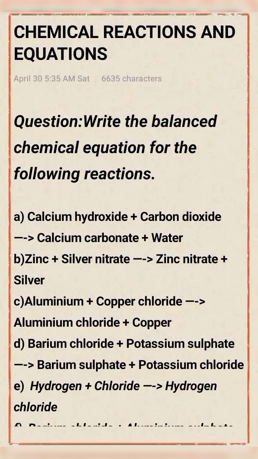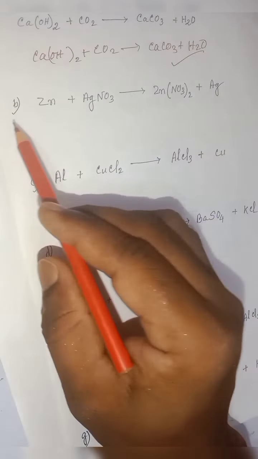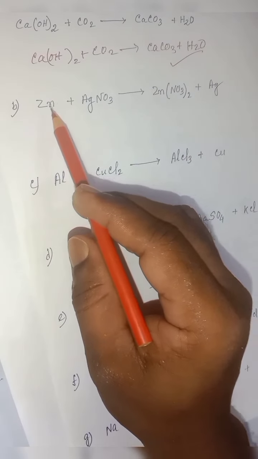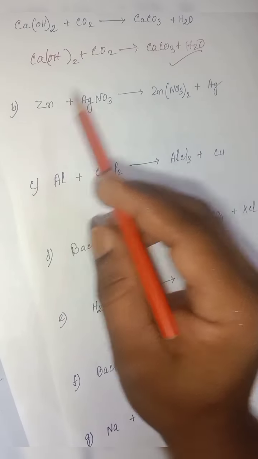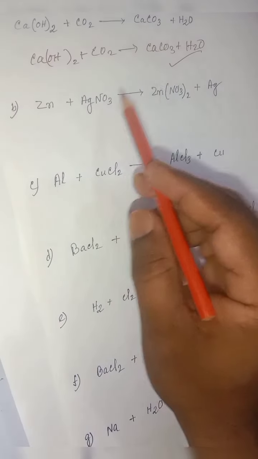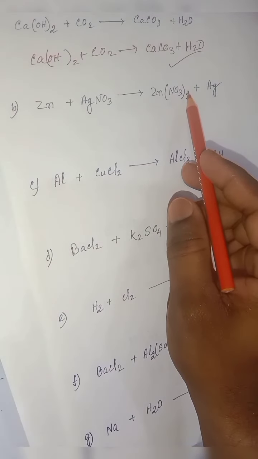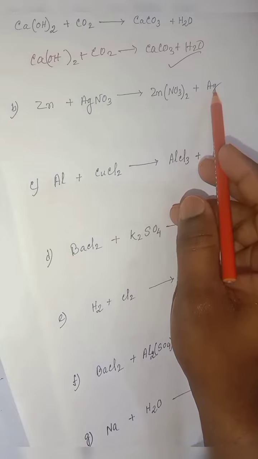Next, B: zinc plus silver nitrate form zinc nitrate plus silver. That is Zn plus AgNO3 from Zn(NO3)2 plus Ag.